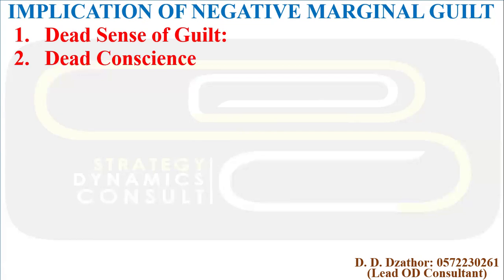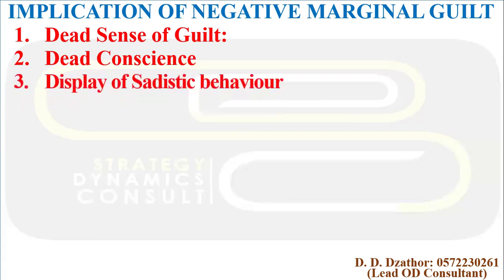Now, when anyone gets to the level of dead conscience, the person then transits into the display of sadistic behavior, meaning all those unpleasant things that a person does, he or she doesn't feel any shame. When people begin to suffer from their consequences, they don't feel any sense of remorse.